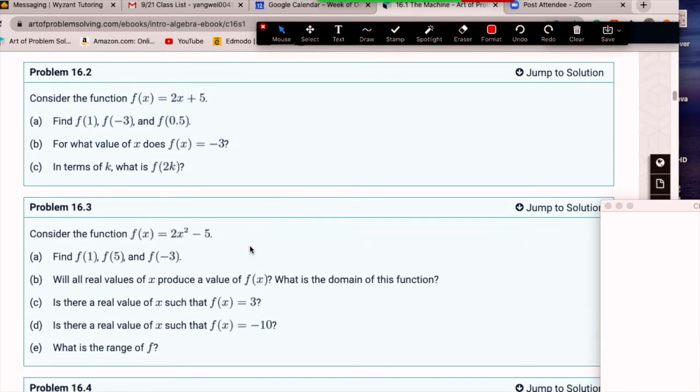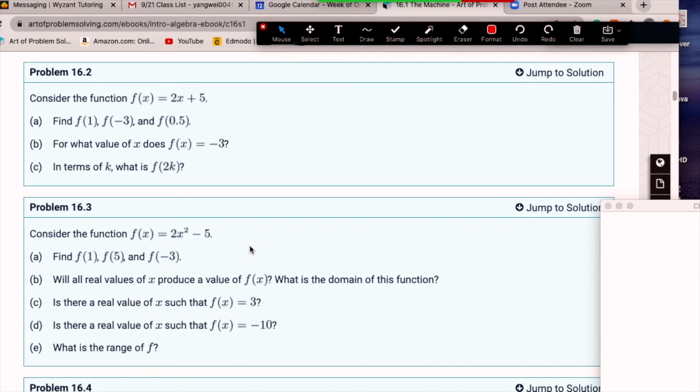This one, 16.2. f(x) equals 2x plus 5. First one, find f(1), f(negative 3), and f(0.5). So this one is very easy. They ask you to plug in these 3 numbers to get the value of this function.